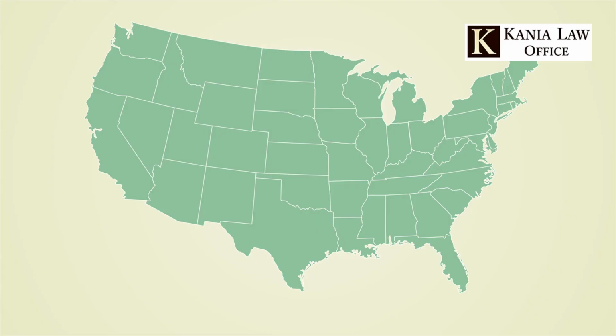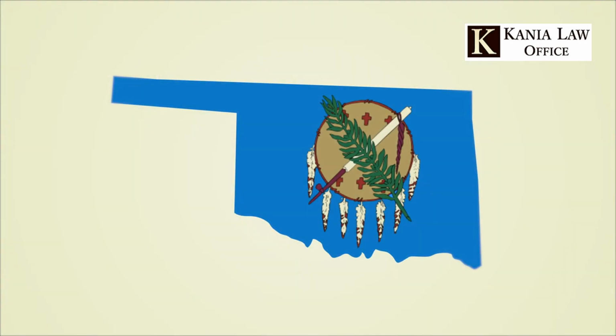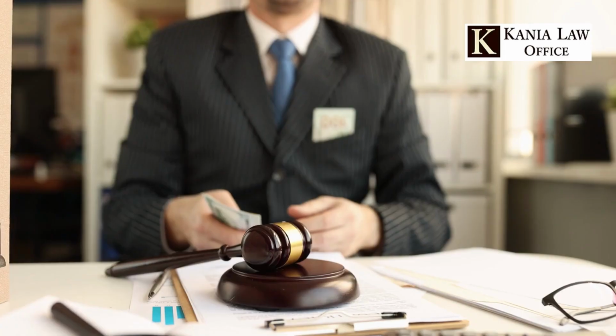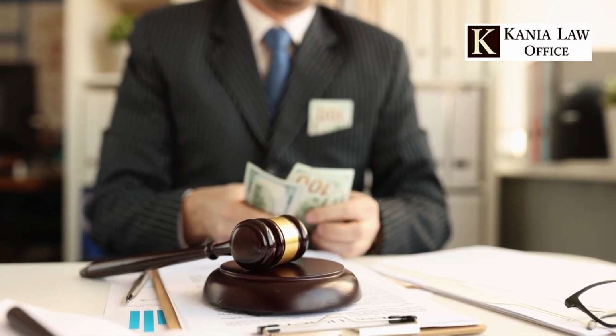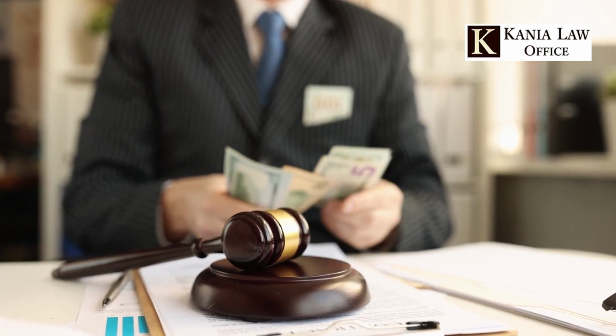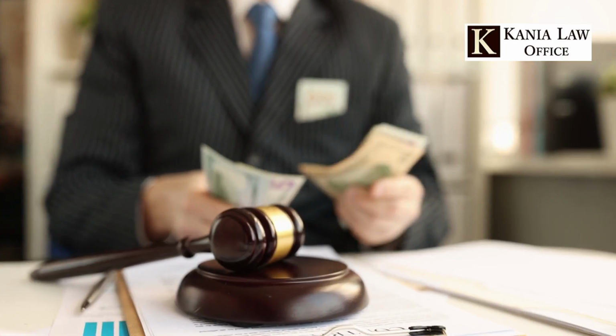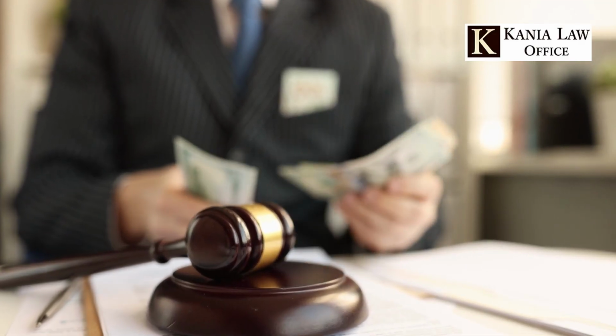Oklahoma is a notice-pleading state, but conclusory allegations without factual support may still face legal challenges. Depending on the type of case, the plaintiff may request monetary damages, injunctive relief, declaratory judgments, quiet title relief, possession of property, attorney fees, or other remedies authorized by Oklahoma law.